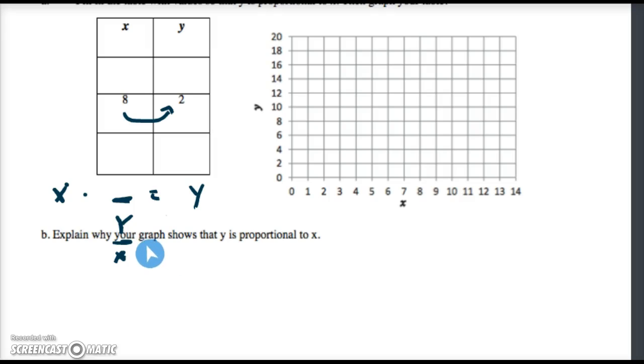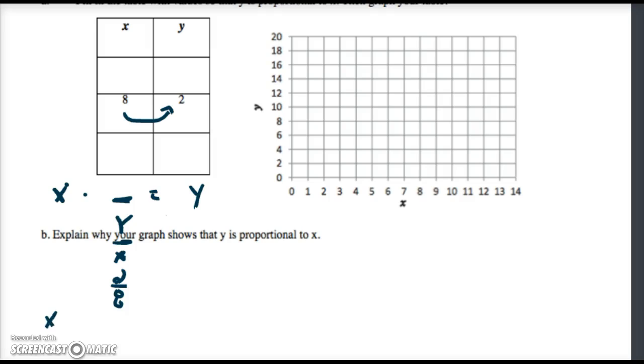So remember, we always can find our constant through dividing y divided by x. And so that would be 2 divided by 8. And so that we could express as a fraction in simplest form.